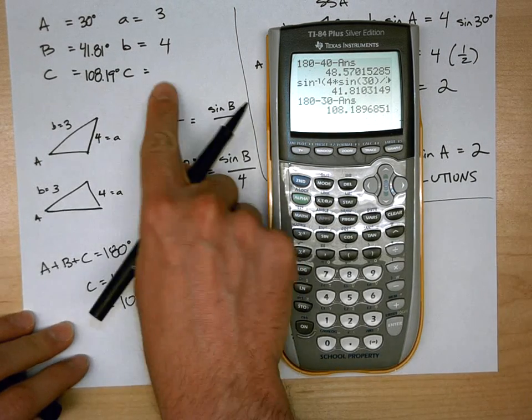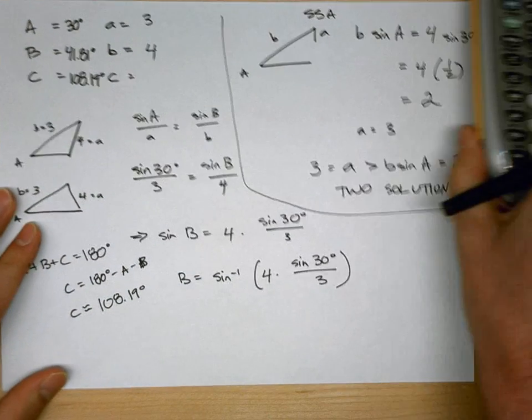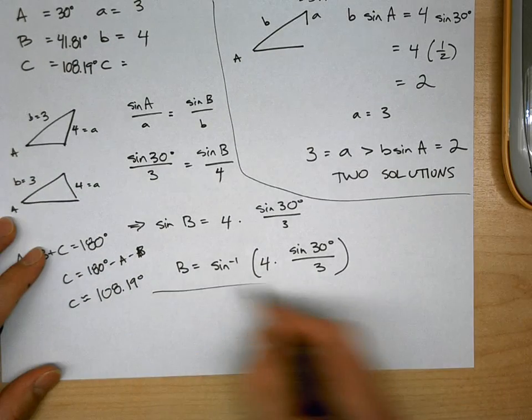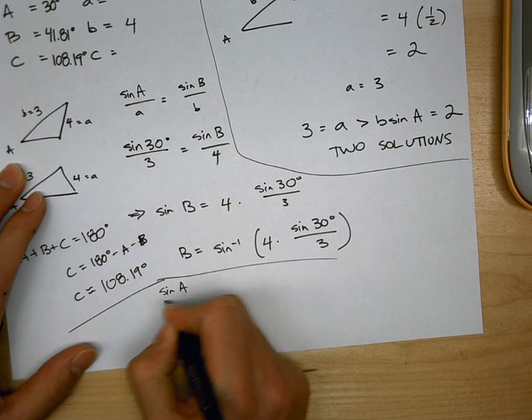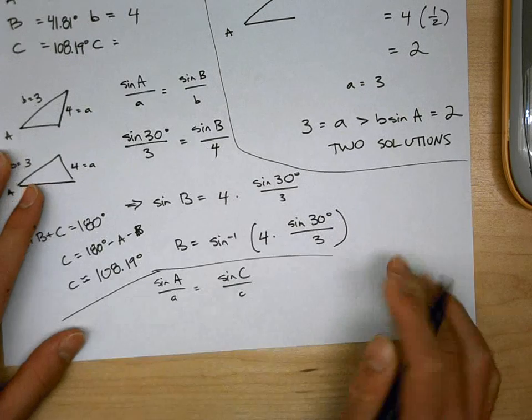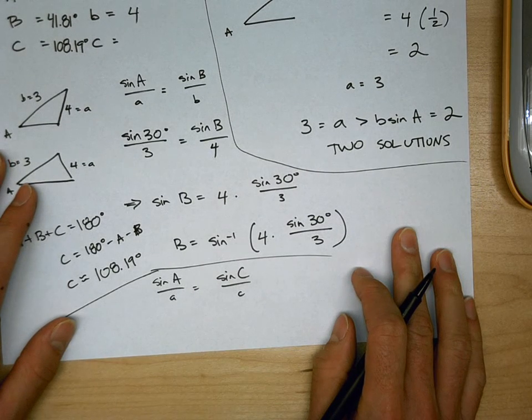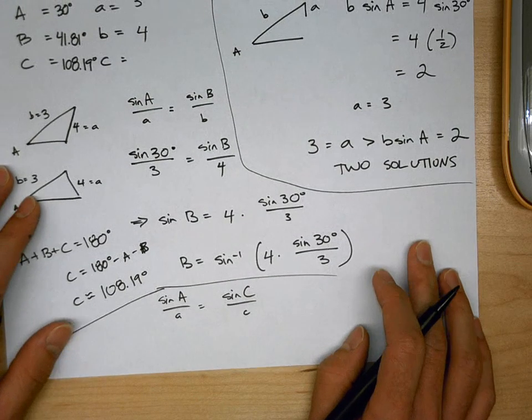we have one more piece to solve for, and that's little c. So how are we going to do that? We're going to use the law of sines again. So in this case, we'll use sine of big A over little a equals sine of big C over little c. So what I'm going to do is first do some algebra before I start plugging numbers in.